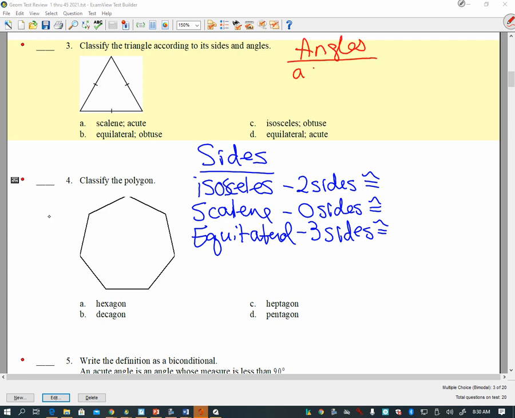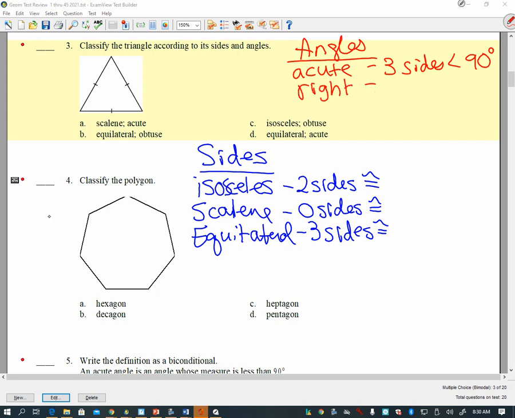Okay, there's acute. What does acute mean? How many? Okay, 3 angles less than 90 degrees, right? Okay, what else? Right.